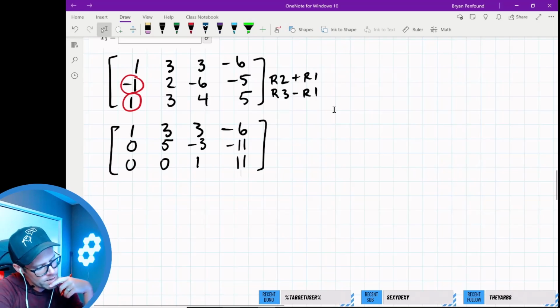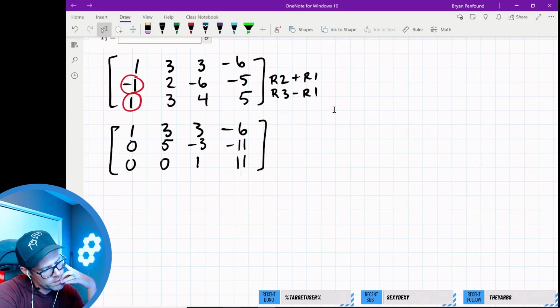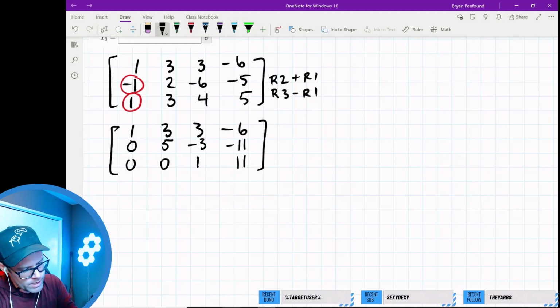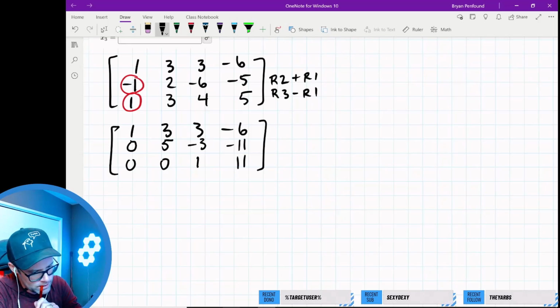So the next thing that we probably want to do is, this is going to suck. I hate working with fractions so much. I guess I could multiply row 1. Maybe we'll do that. I can take row 1, then I can multiply it by 5, right?